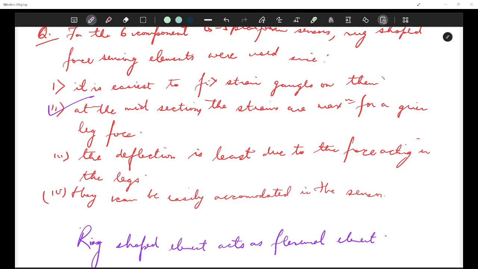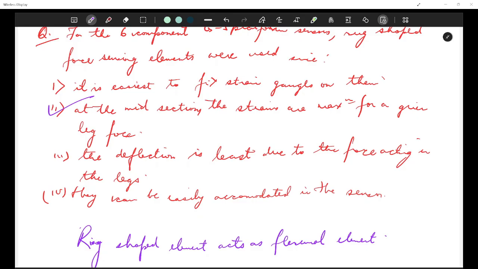Similarly, in a ring element, the midsection experiences maximum bending strain. Okay, that is exactly where strain gauges are placed. So the ring geometry is chosen to concentrate strain, increase sensitivity, and improve signal to noise ratio. Hence this is correct.